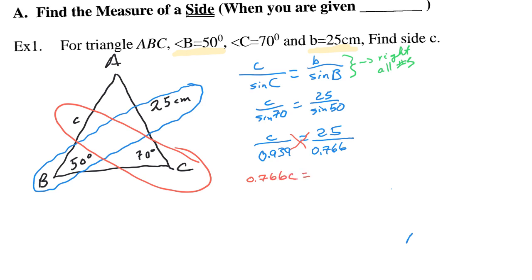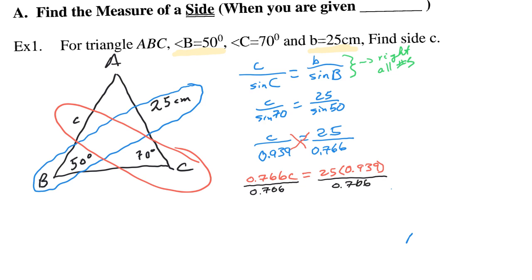0.766C is equal to 25 times 0.939. So in order to save some time, what I like to do is get rid of the C on the left side. So I'm going to divide both sides by 0.766.